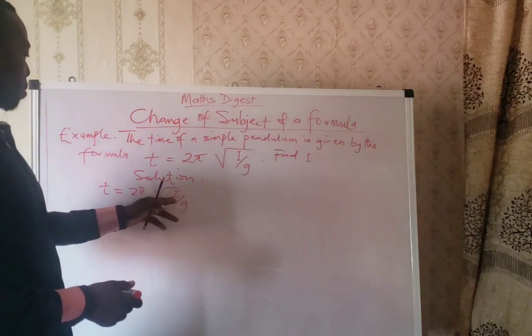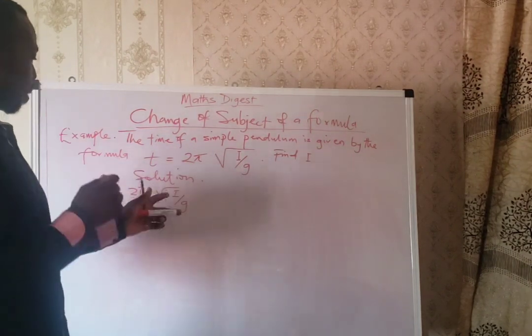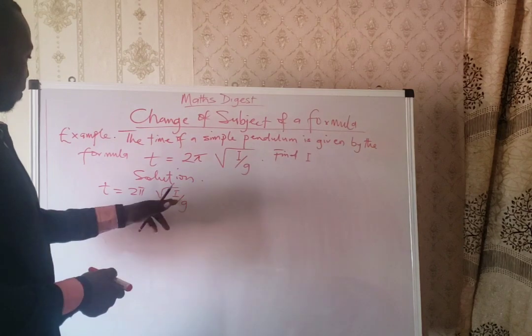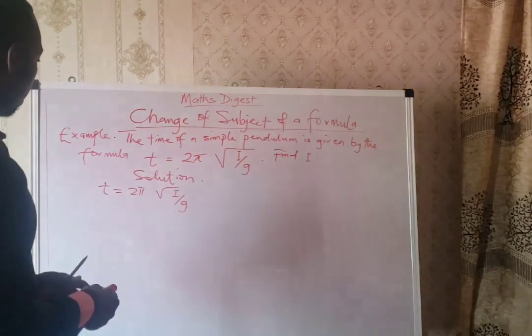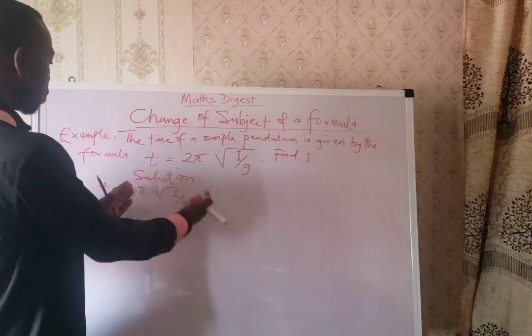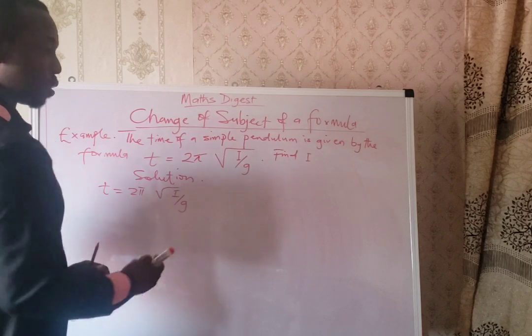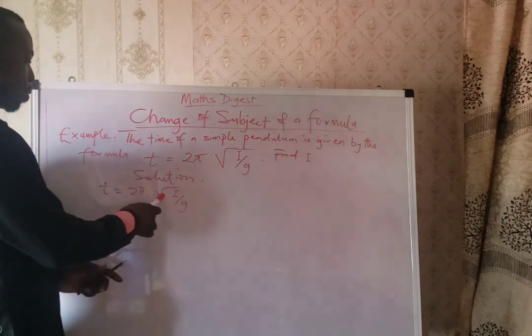This is the subject they say we should make the subject of the formula, the variable. Now what we do is we find a way to move all that surrounds it to the other side. First of all, we eliminate the square root we have here.